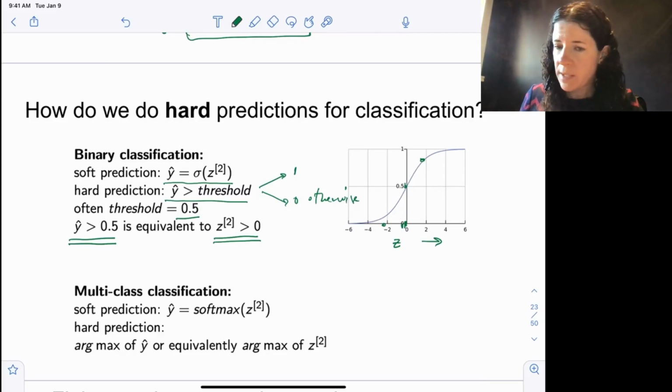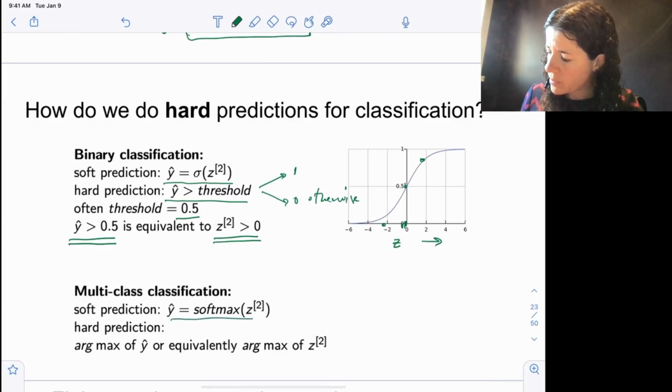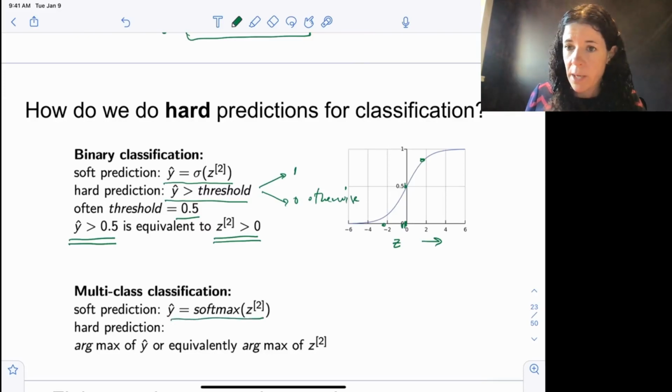Now let's talk about the case of multi-class classification. The soft prediction here is a softmax, which gives you probabilities. But when I am talking about hard prediction in PyTorch, for example, the hard prediction is the argmax of the probabilities. You take the class that has the highest probability.